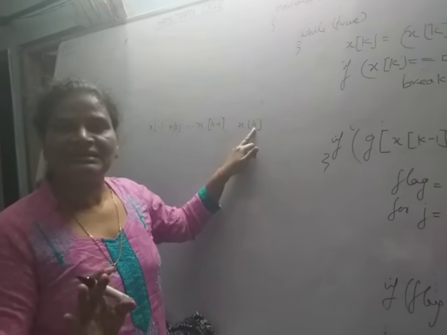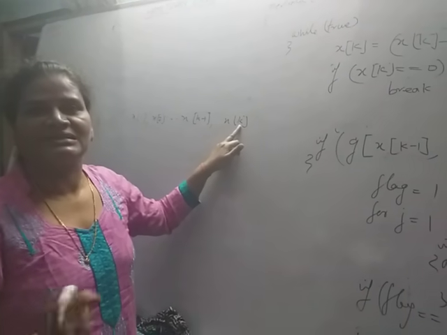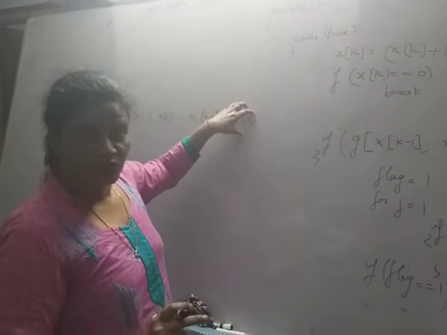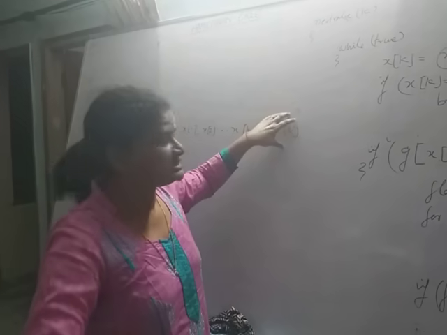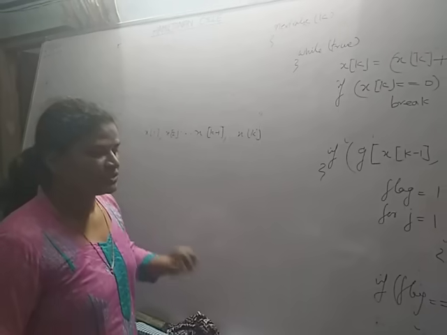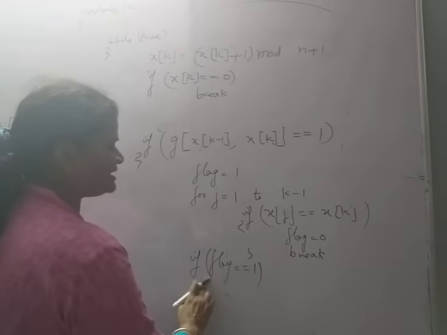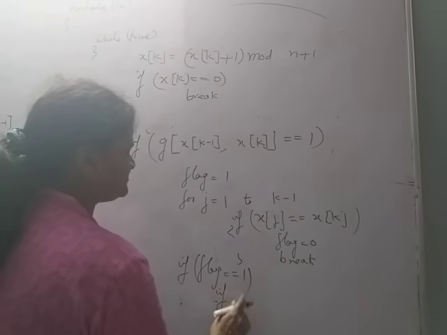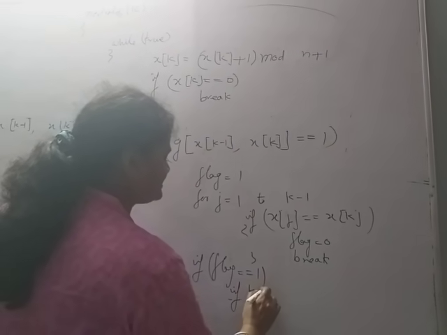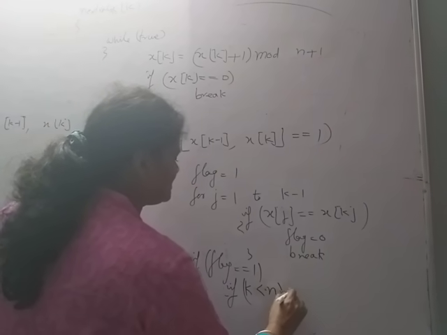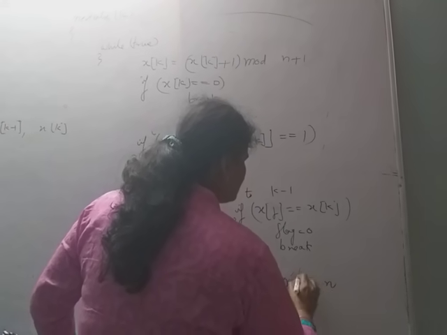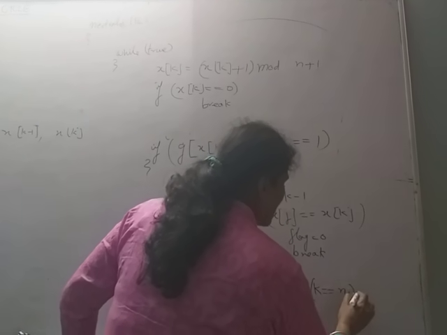If k is less than n, it means that this is the next vertex to be included. And if k equal to n, then this is a Hamiltonian cycle, and xk should be equal to x1. So here I will check if flag equal to 1, if k is less than n, or k equal to n.